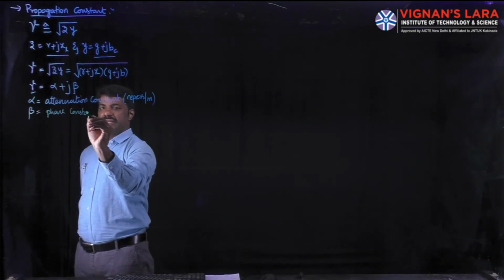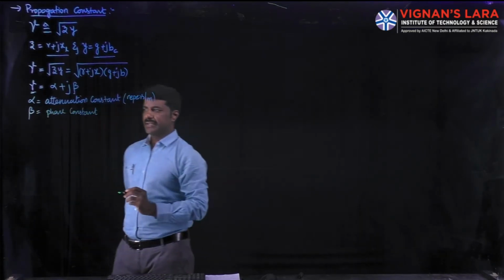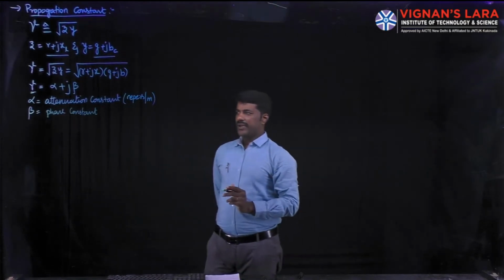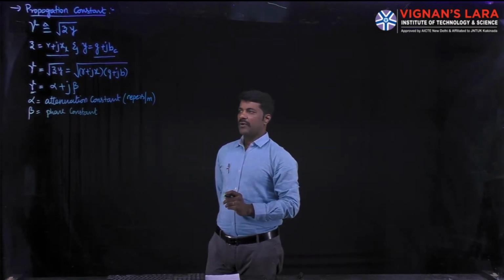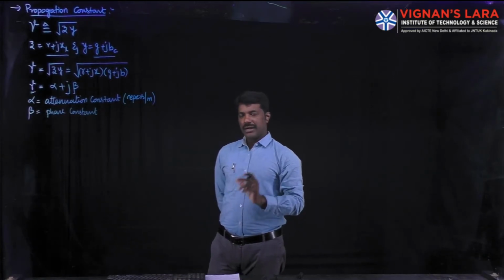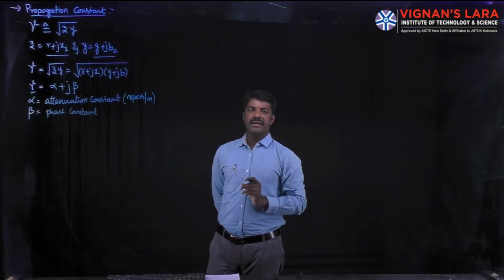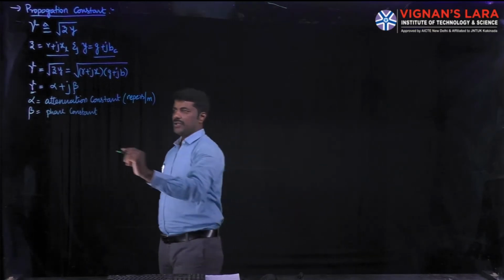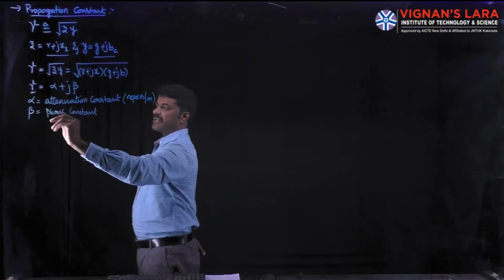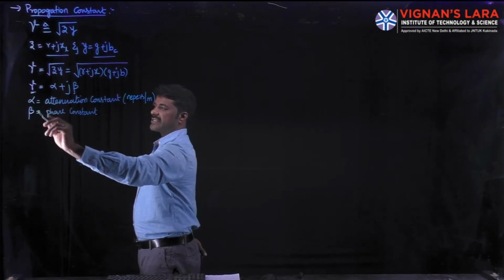We also saw in the last discussion that depending upon the propagation of the wave, the magnitude and phase angles also vary. This is called the physical interpretation of the long transmission line, and in it we come across alpha and beta.